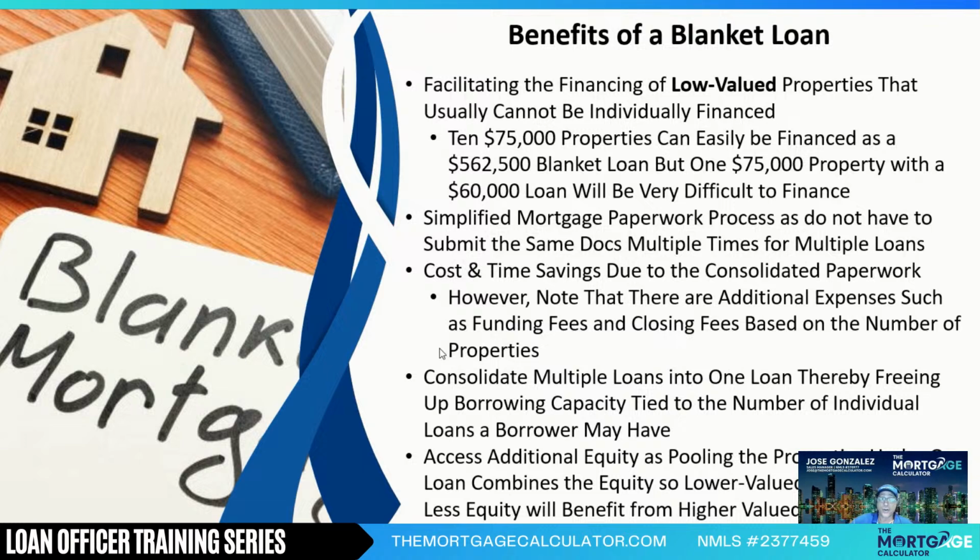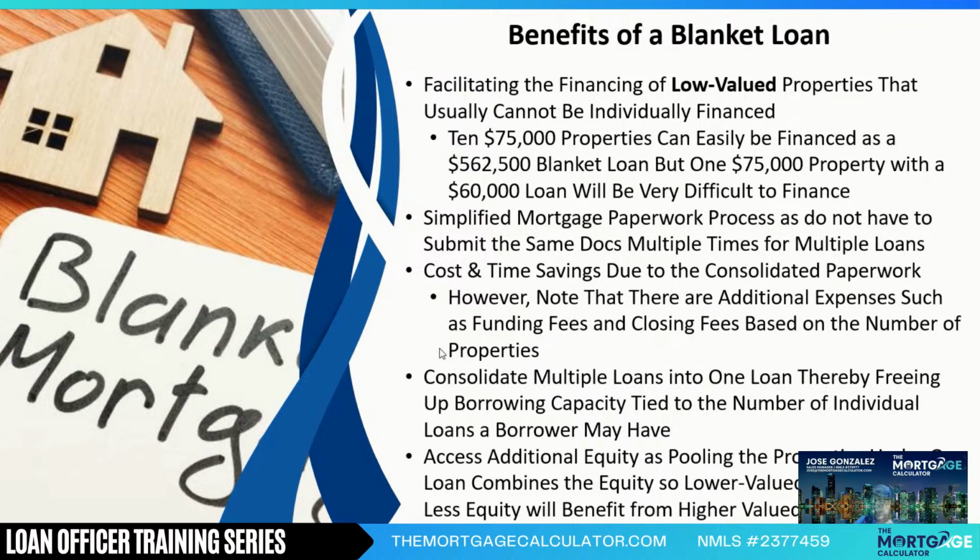And another benefit that most people don't realize is you can access additional equity, because remember, the portfolio is a pool of properties, and the loan to value is a combined loan to value of all the properties, which means you could have some properties that are at a 40 or 50% LTV, and you could have other properties that are at a 95% LTV, right?